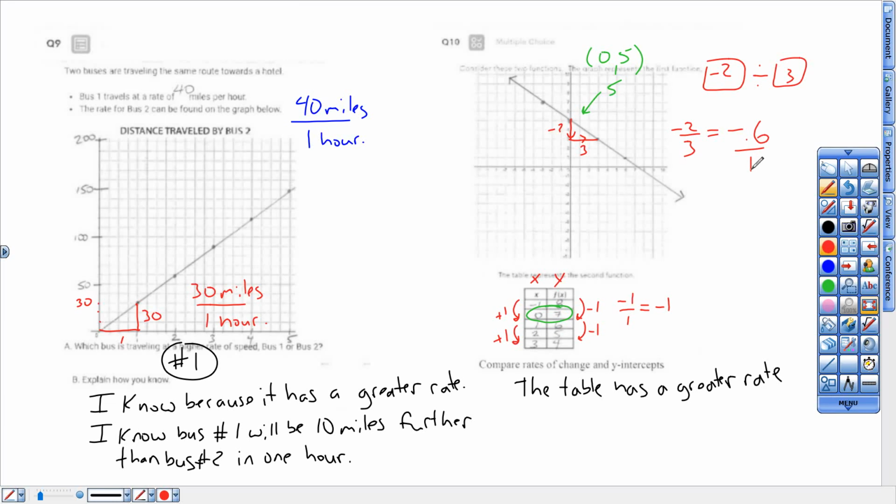This one, every time I go over 1, I go down a whole 1. But this says the table has a greater rate of change and a bigger y-intercept. All right, let's keep going.